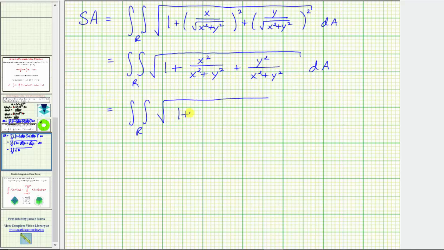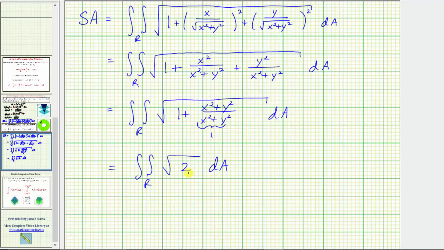We have 1 plus, adding the numerators, x squared plus y squared over the common denominator of x squared plus y squared. Notice how this simplifies nicely to 1. So this simplifies to the double integral over the region R of the square root of, again, this is 1, 1 plus 1 is 2, so we have the square root of 2 differential a.